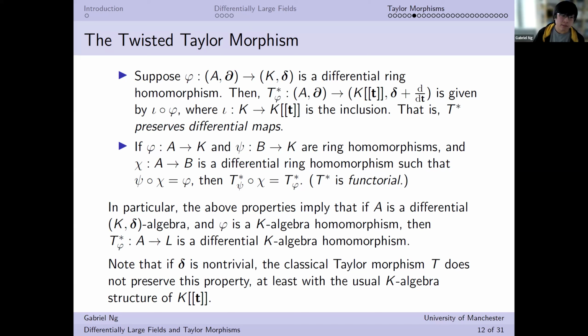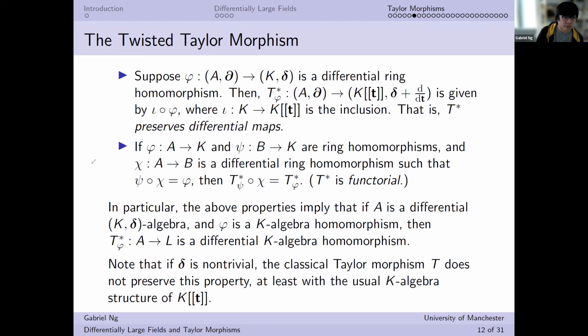And secondly, if we have two differential rings, A and B, and we have two differential ring homomorphisms, phi from A to K and psi from B to K, and a differential ring homomorphism chi going from A to B, such that the triangle commutes. So I guess I can draw this.